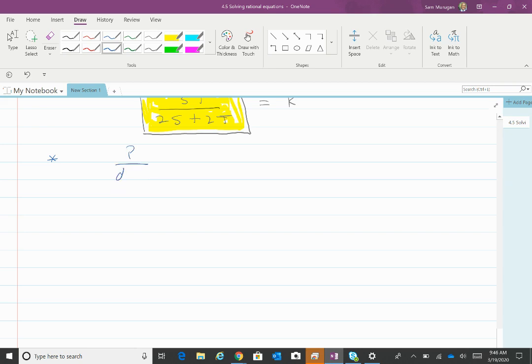P over D plus B is equal to G over D. Solve for D. So we need to isolate D here, and to do that, we're first going to clear the denominators. Notice that the LCD is D times D plus B. That means that every term gets multiplied by that LCD.